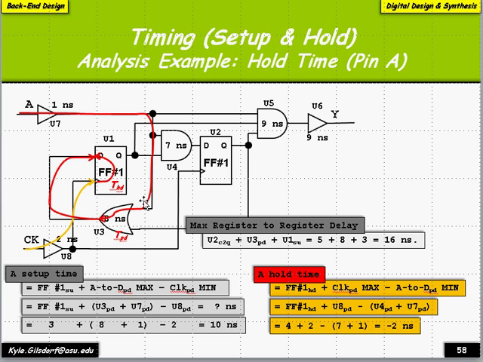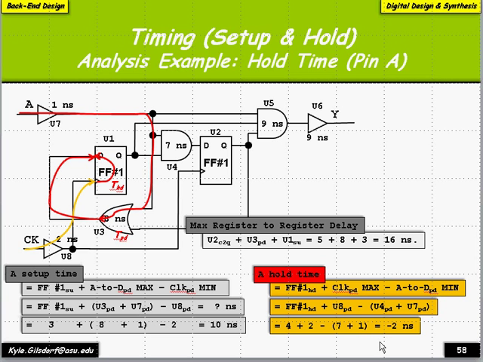We're going to go through the OR gate. And here's the difference, we're going to subtract the clock skew, because again it works against us, and we end up actually with a negative 2 nanoseconds hold time.